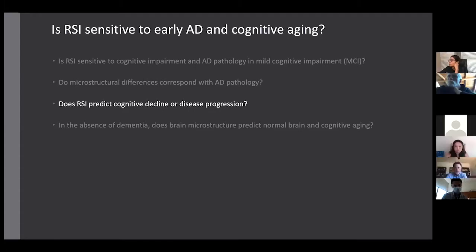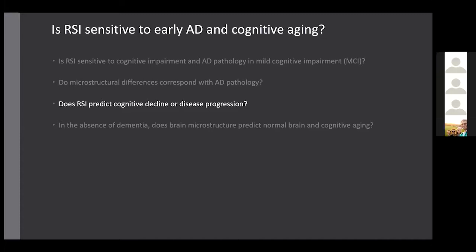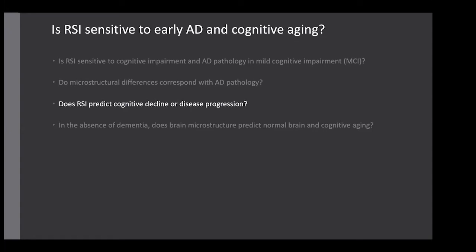However, a more valuable biomarker than just being able to detect cross-sectional differences is if we can predict whether a participant is going to progress along the disease course or demonstrate cognitive decline, because really interventions will be most valuable before the disease becomes more severe and cognitive decline progresses.